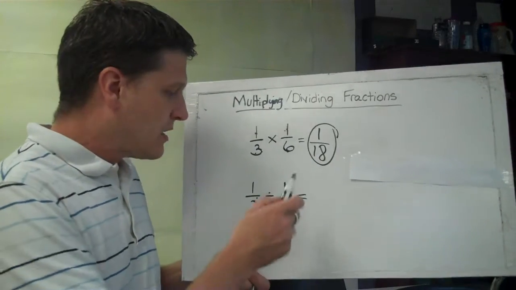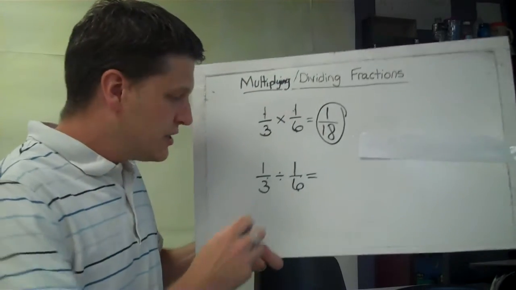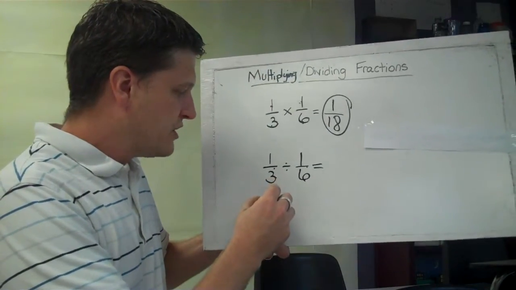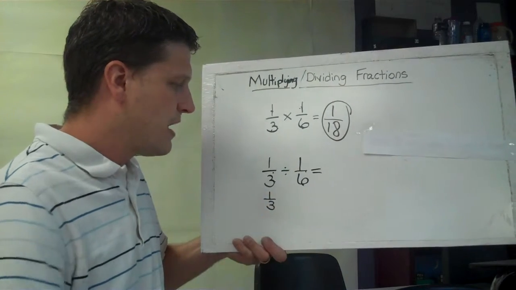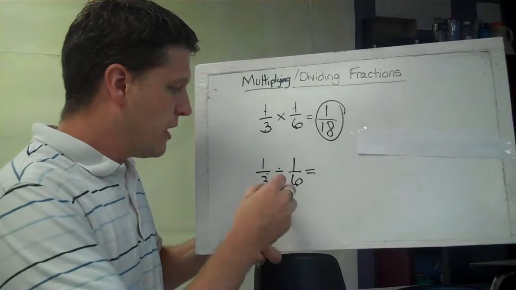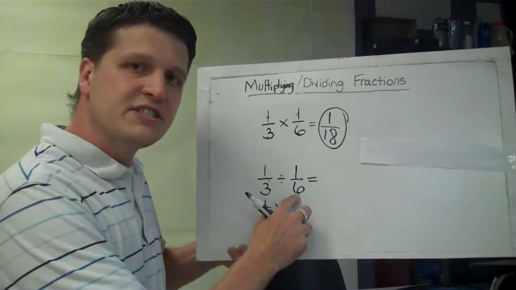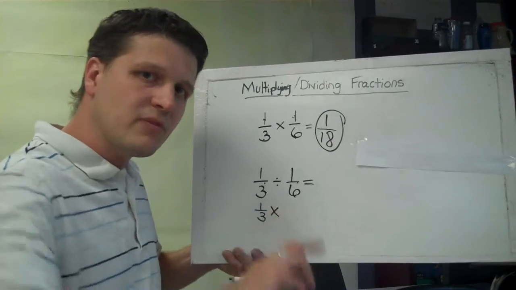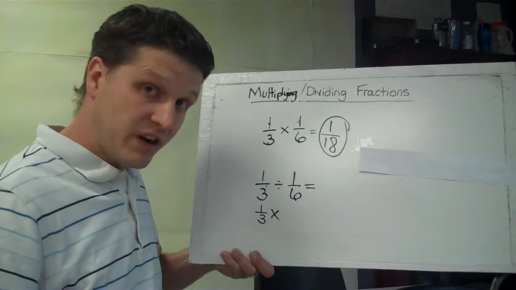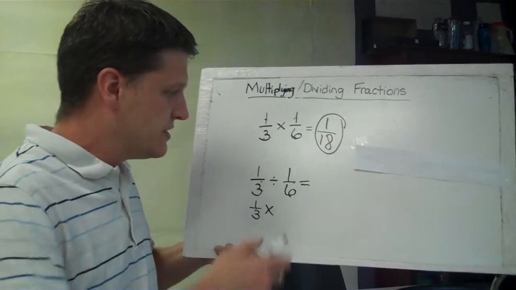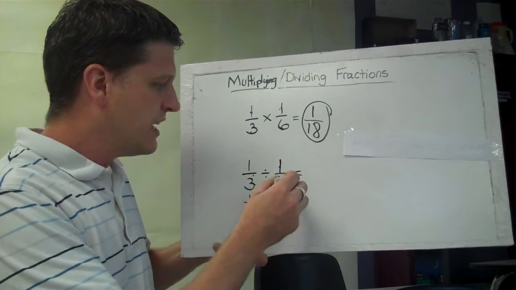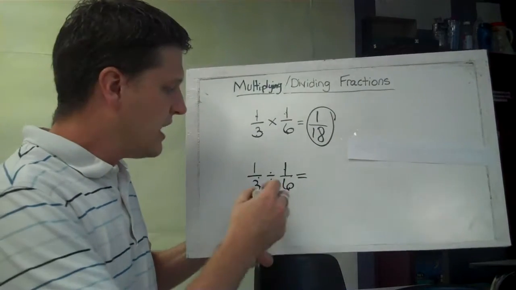So we keep our first fraction as 1/3, put our multiplication symbol, and take the second fraction and flip it. We're going to find its reciprocal.